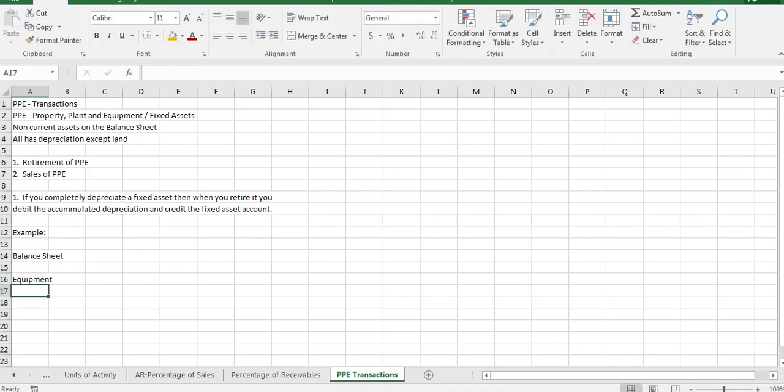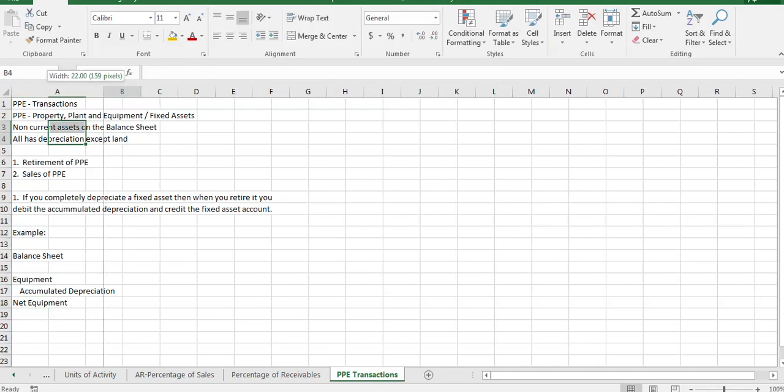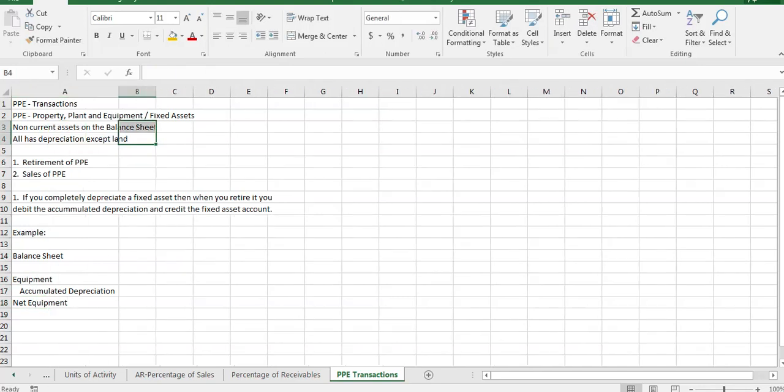Let's say that you have an equipment with an accumulated depreciation of, for example, 50,000. Let me open this cell so it will look better. Okay, debit, credit. On the balance sheet, you will have 50,000 on the debit side.